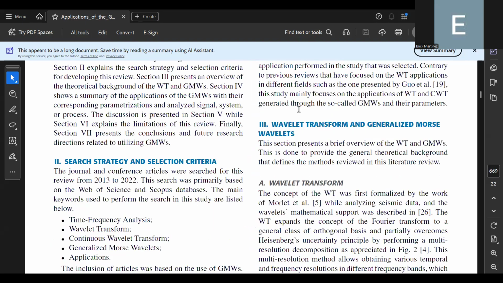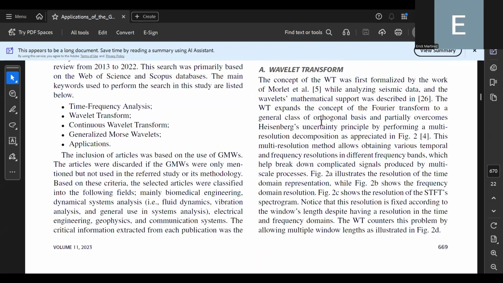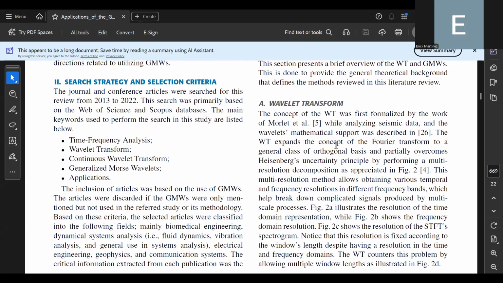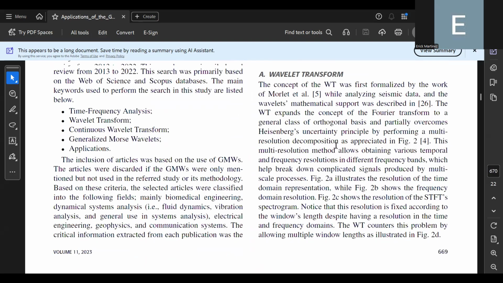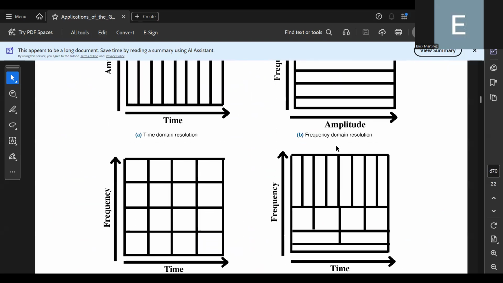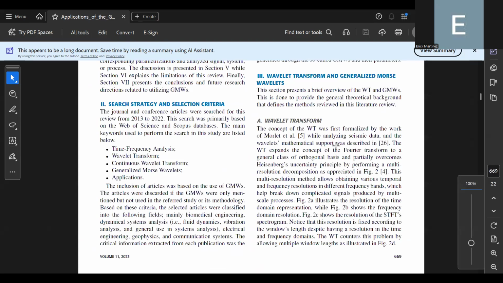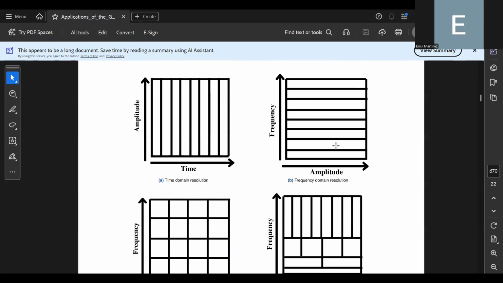So, if we continue, first of all I make a brief introduction about what the wavelet transform is. Maybe you are not familiar with this concept, but essentially, what the wavelet transform is trying to accomplish is a time frequency mapping of the information of the signal. Typically, we as humans tend to analyze information in the time domain. This means that we are studying how the amplitudes of a waveform or a function or a signal change over time.